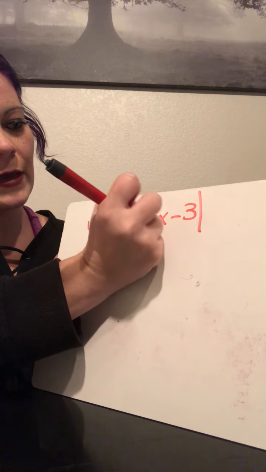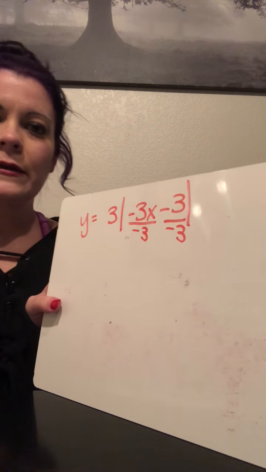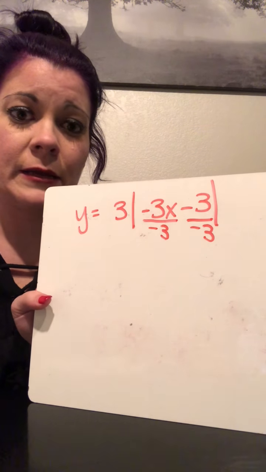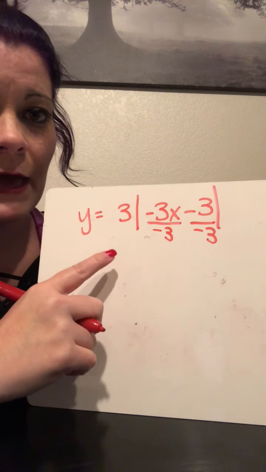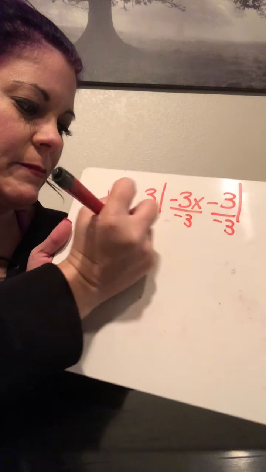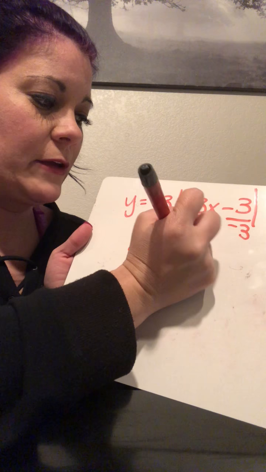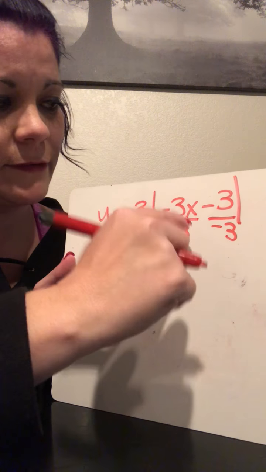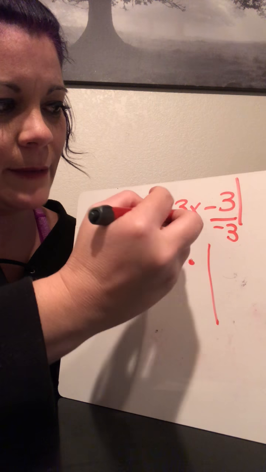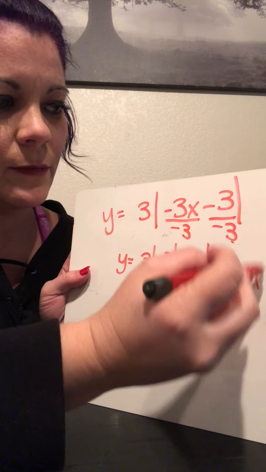So we're going to divide both of them by -3. Now, remember that this is in absolute value. I didn't do that last time, but remember that it's in absolute value. So 3 times the absolute value of -3, because we're taking that -3 out. And then what's left in the other absolute value is just x, and then -3 divided by -3, plus 1.